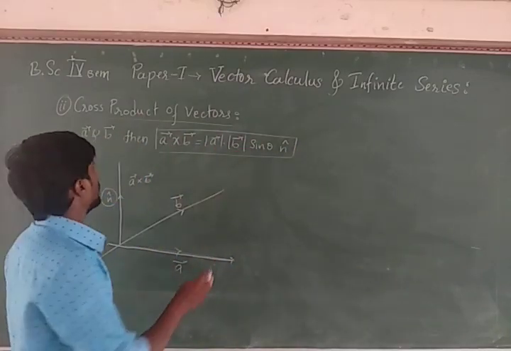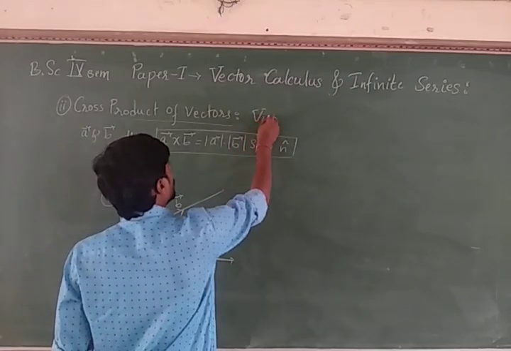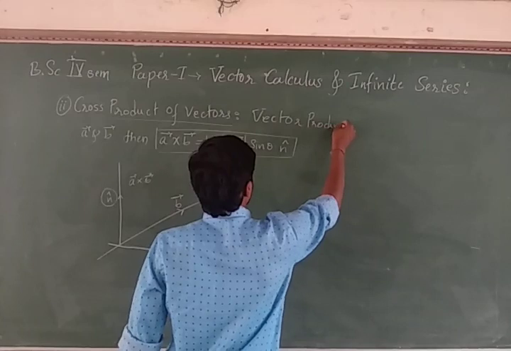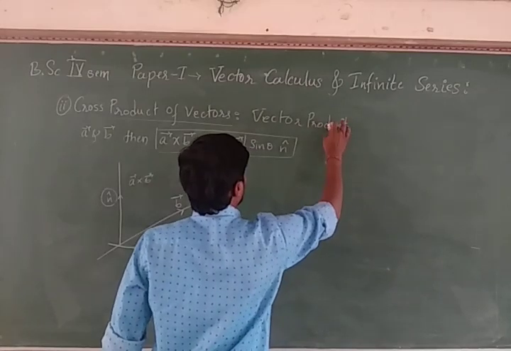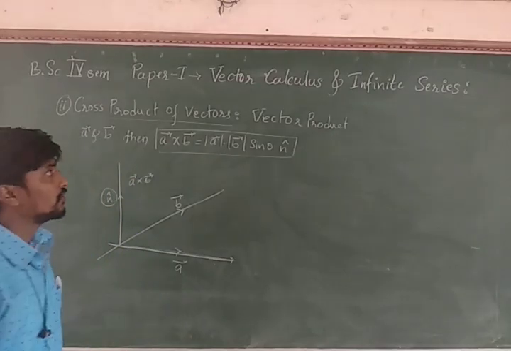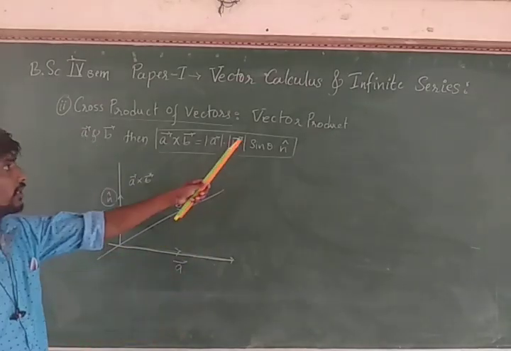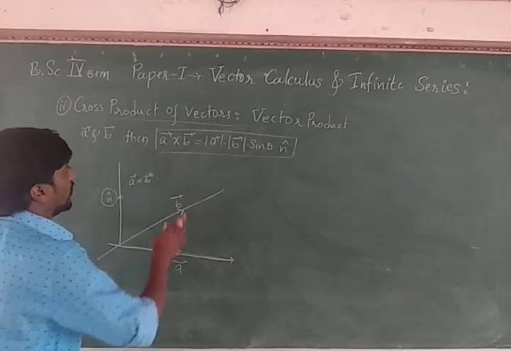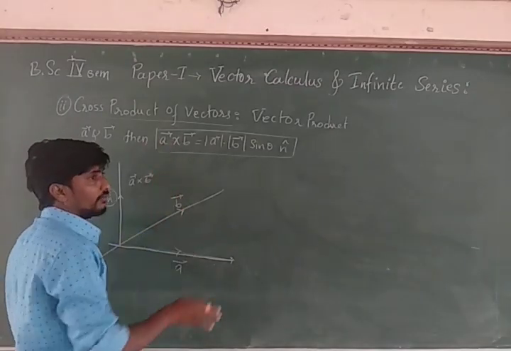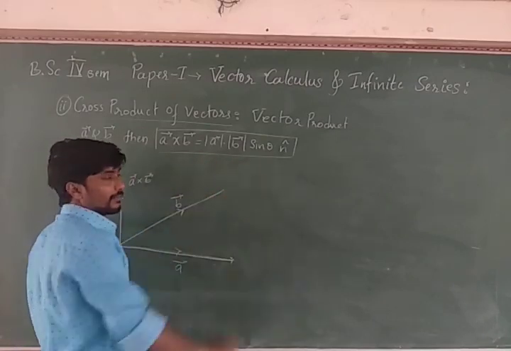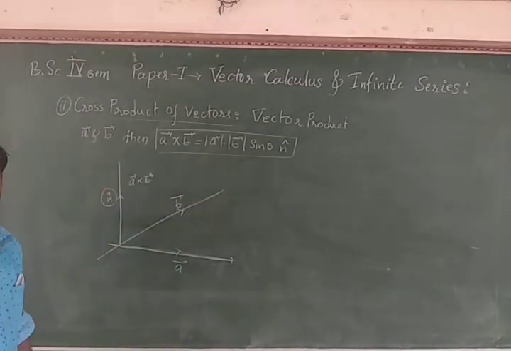That's why it is also called the vector product. Now look here, this is your vector product and this is its value. While solving examples, you can use this formula when the angle theta is given.